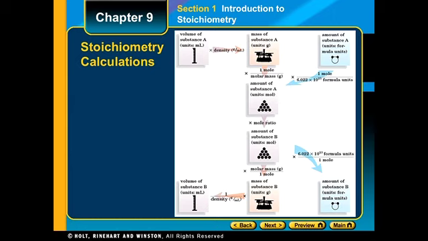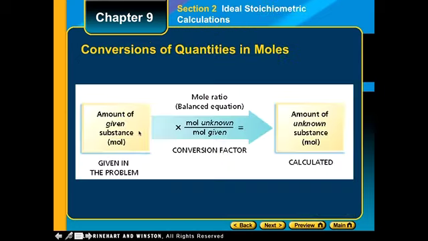For the calculations, just to have a quick look: the volume of substance in milliliters times density gives the mass; times the ratio of mole over molar mass gives the amount of substance; times 1 over Avogadro's number gives the amount, and times the mole ratio gives the amount of the other substance, and so on as shown in the diagram.